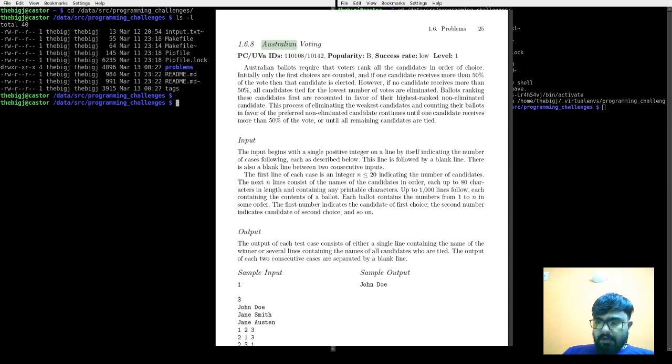Each ballot contains the numbers from 1 to n in order. Up to 1000 lines follow, each containing the content of a ballot. Each ballot contains the numbers from 1 to n in some order.